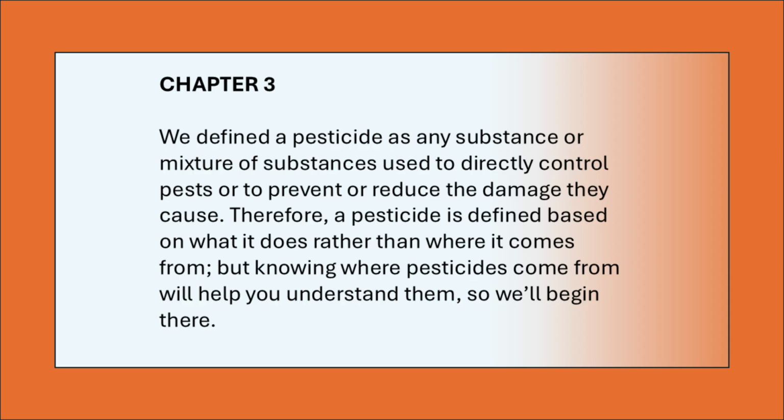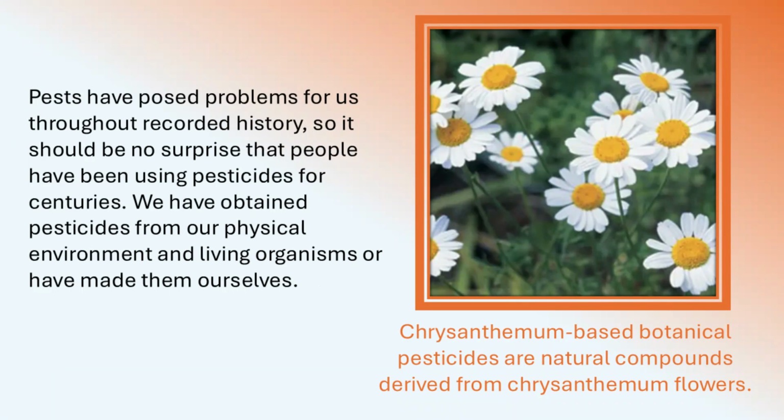But knowing where pesticides come from will help you understand them. So we'll begin there. Pests have posed problems for us throughout recorded history. So it should be no surprise that people have been using pesticides for centuries. We have obtained pesticides from our physical environment and living organisms, or have made them ourselves.